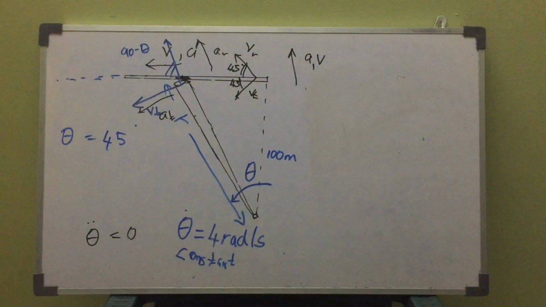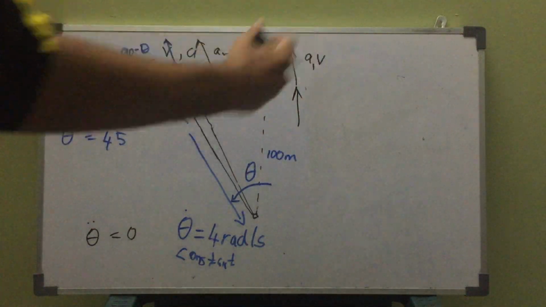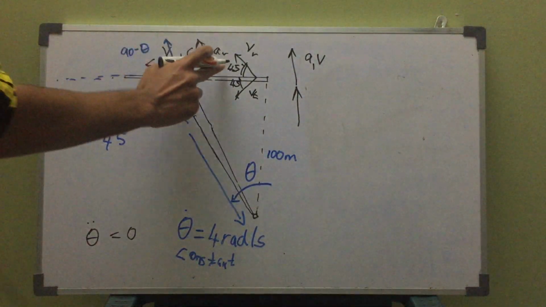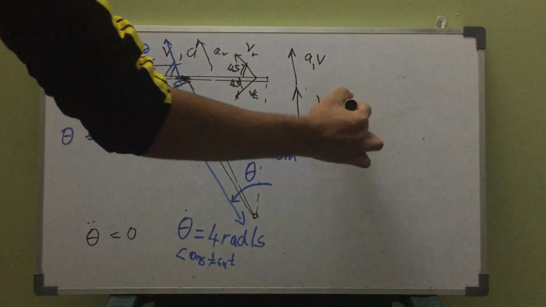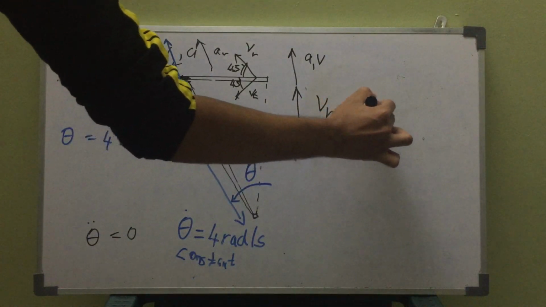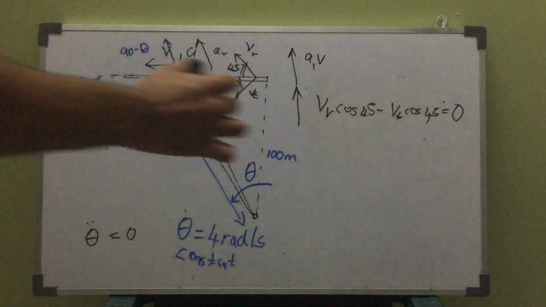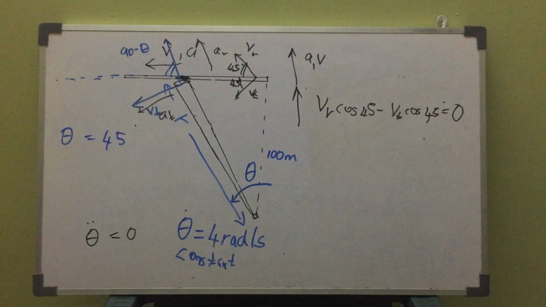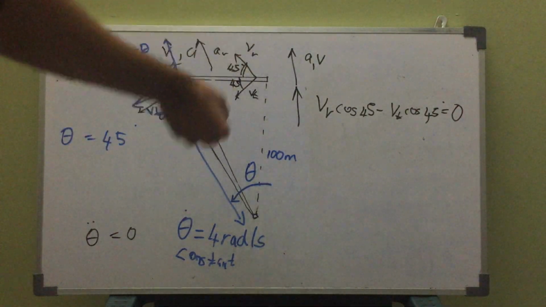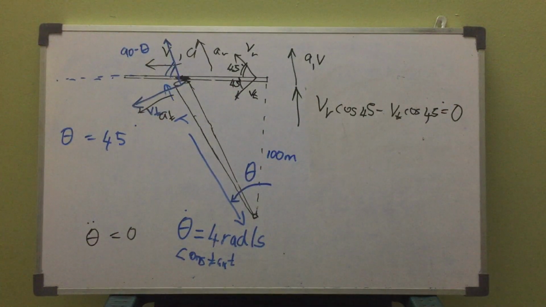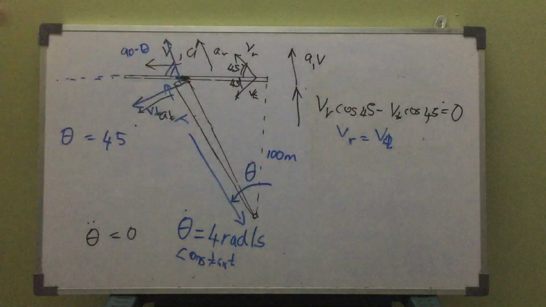But when we are using this method, we can directly tell, if we consider along the vertical side, it would be VR cos 45 minus VT cos 45 would be 0. Why is that? As I already mentioned, the vertical direction velocity and the acceleration would be 0 because it's not moving in the vertical direction. So from that we can directly tell VR is equal to VT.